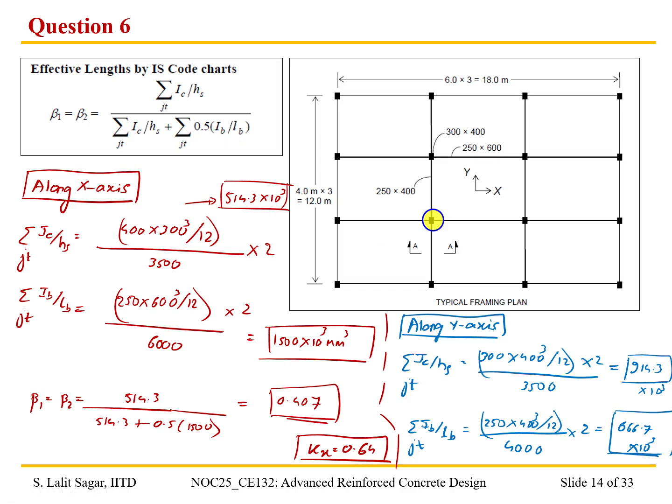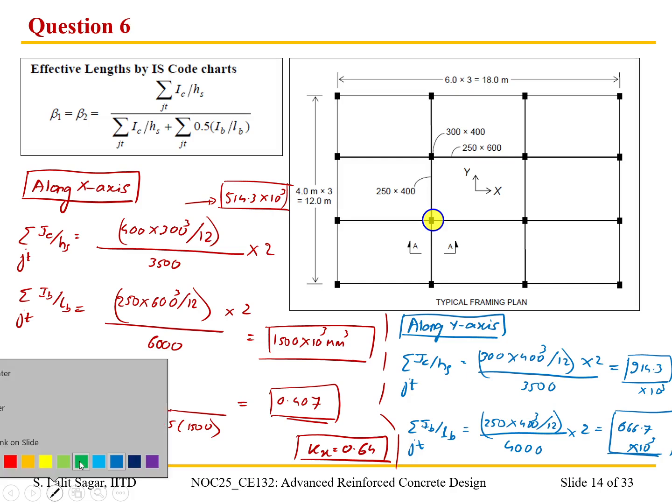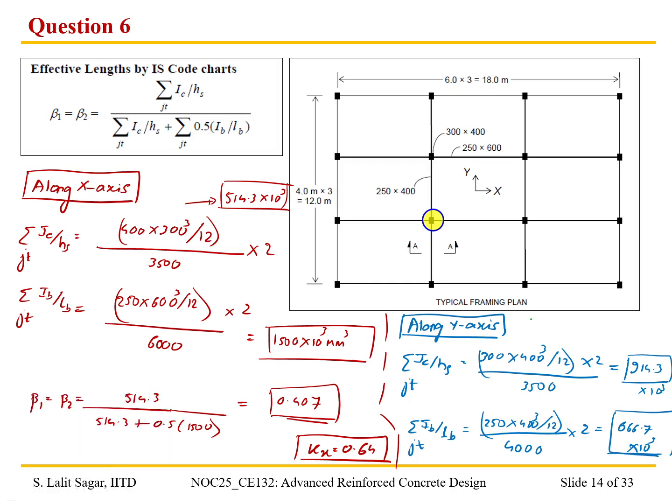When we perform the same operation using these terms, we get the value of beta 1 and beta 2 as, I'm going to take a different color so that there is no confusion. Beta 1 is equal to beta 2 is equal to 0.733, 0.733.